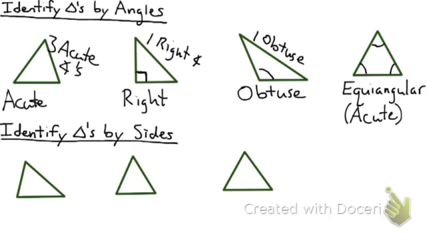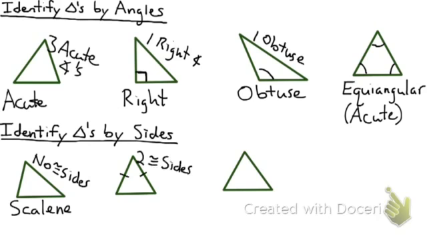When we identify by sides, the first one we have is when we have no congruent sides. When we have no congruent sides between the triangle, we call that a scalene triangle. If we have two congruent sides, we call that an isosceles triangle.